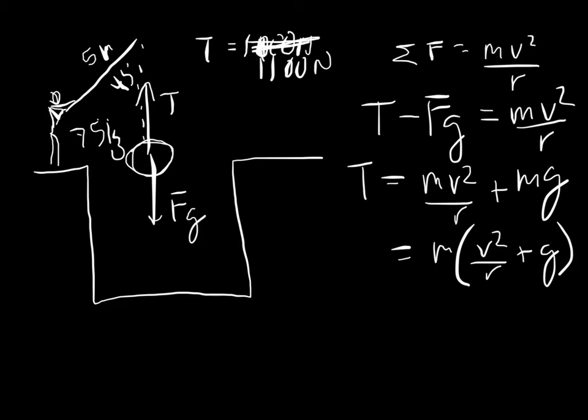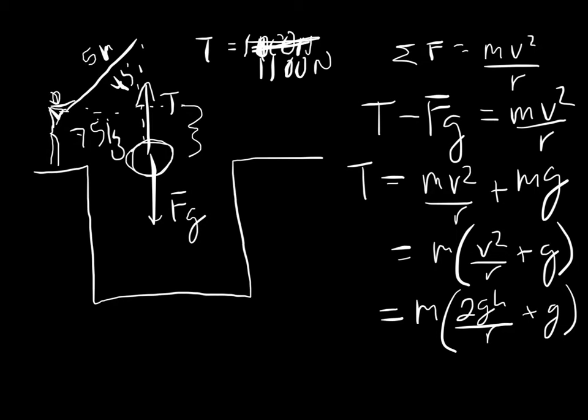If I go back to here, I'm taking v squared, so this is going to become m times 2gh over r plus g. All I have to do is find the change in height. Do you see that this right here is L cos theta?